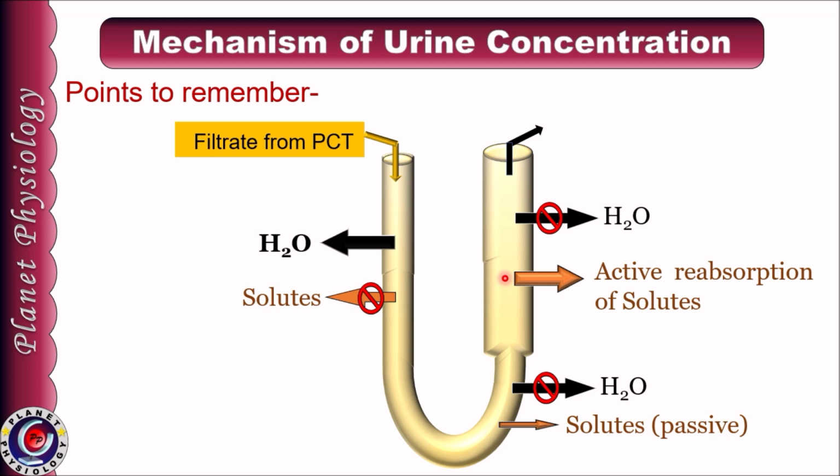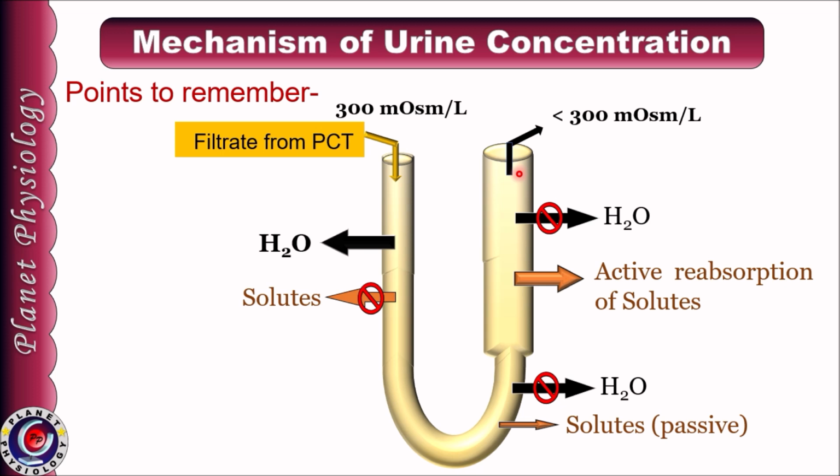Hence, it is also known as diluting segment. The filtrate that enters the descending limb of loop of Henle from proximal convoluted tubule has osmolarity of 300 milliosmoles per liter, whereas the filtrate that leaves the ascending limb of loop of Henle is hypoosmolar.